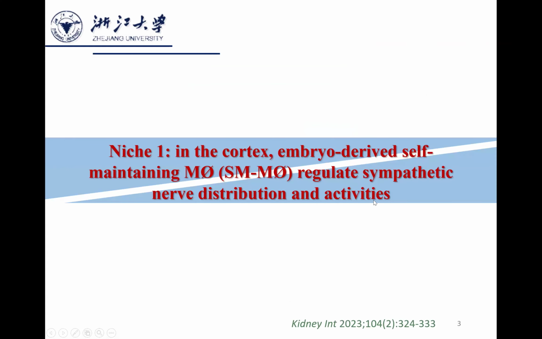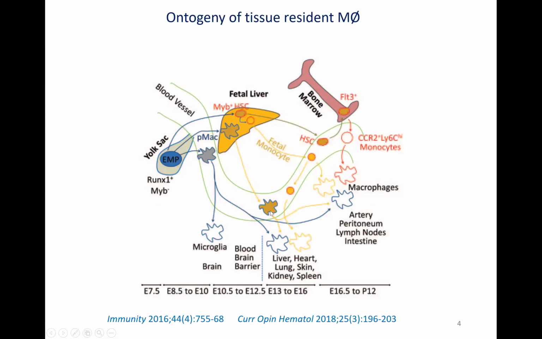We had one finding that in the kidney cortex, macrophage have a role in supporting sympathetic nerve distribution and functions. As we know, tissue macrophage can be subgrouped according to their ontogeny.